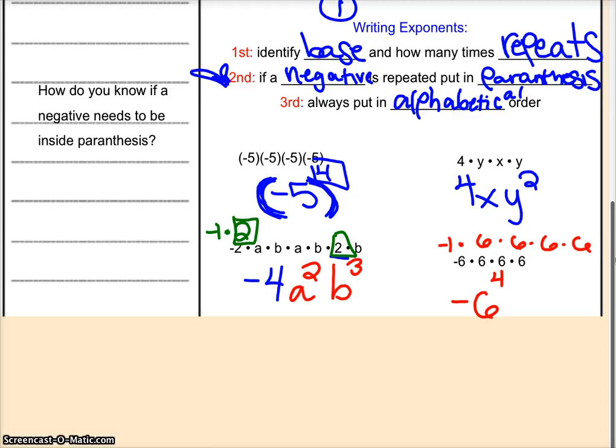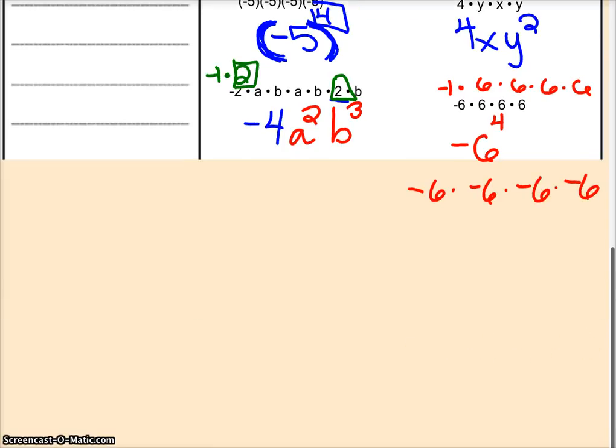Remember, if it was this, then it would be in parentheses. Okay? So again, I like to use the term living together, because notice, pretend that the negative 6 is like your family. If your family's going on a vacation, typically we bring our kids with.